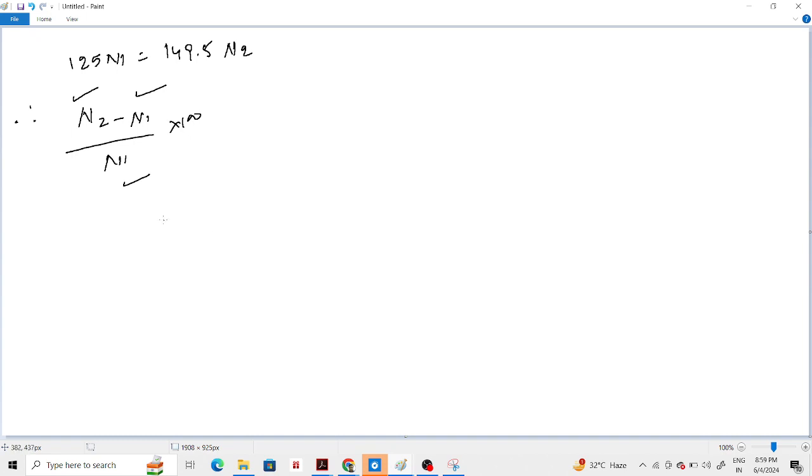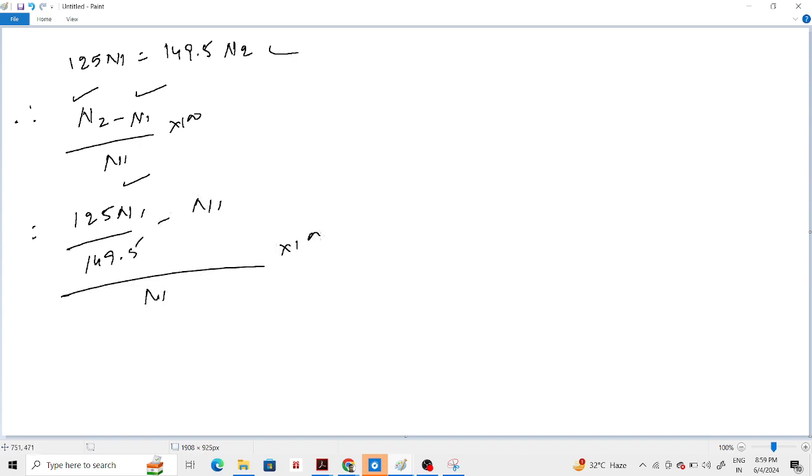This same formula I gave you in the first session, during the first hour only, right? Final value minus initial value by initial value into 100%. Now I just need to find out the value. I have everything. So I can do 125 N1 by 149.5 minus N1 by N1 into 100%.